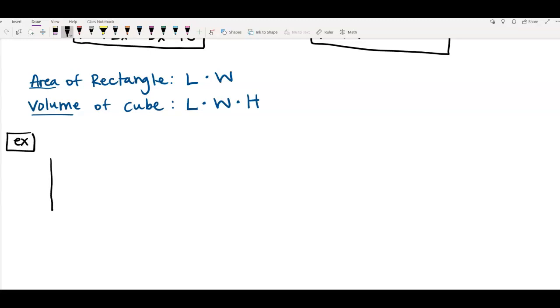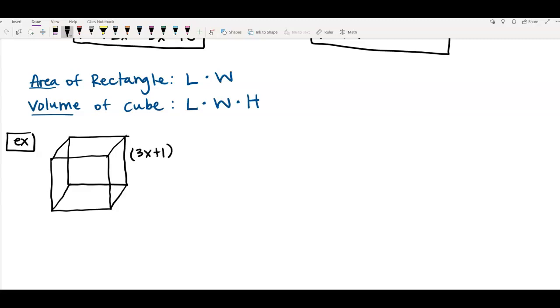So here is the next example. I'm going to try and draw a beautiful cube here. And then it might say that this side is 3x plus 1, this one is x plus 4, and this side here is 2x minus 3.